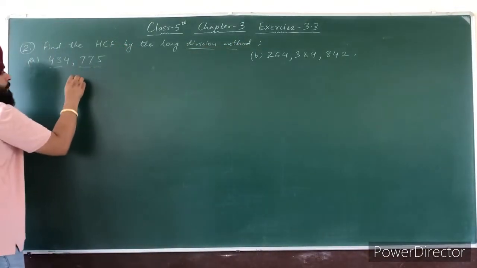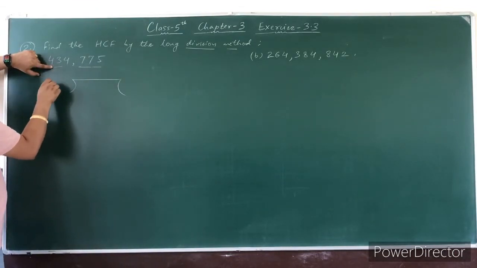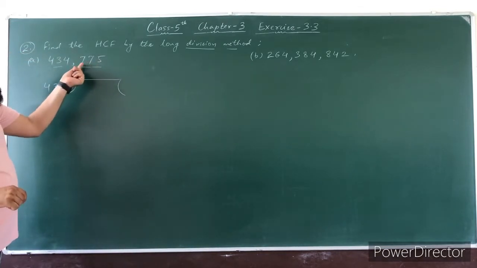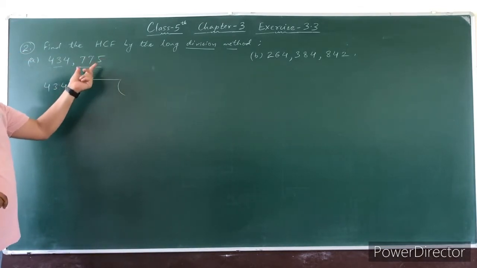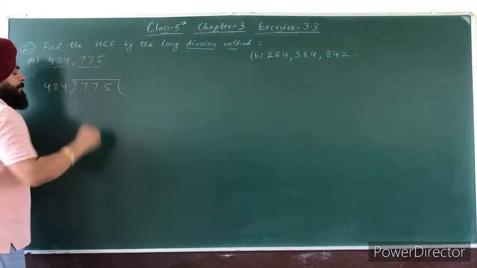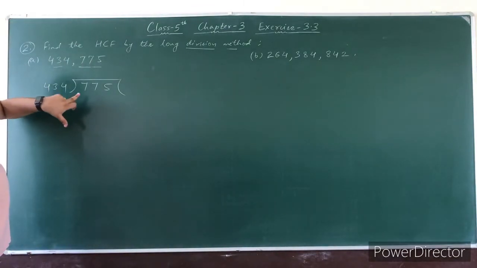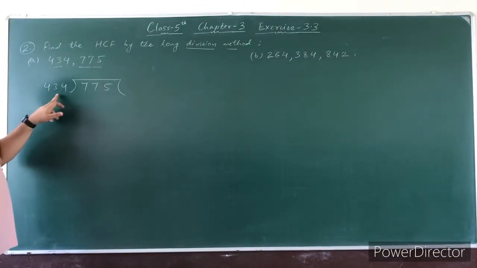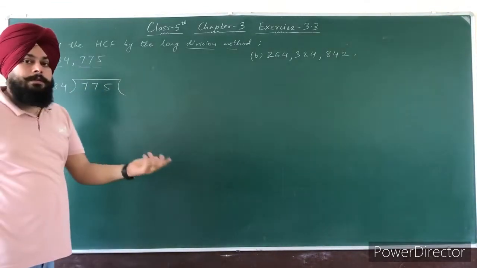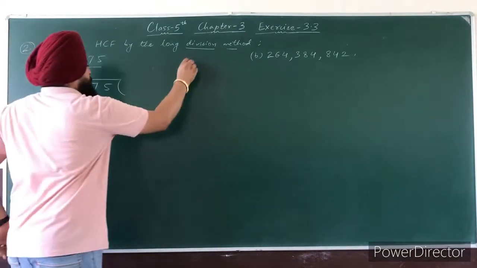So this 434 is our divisor, and the second number 775 is taken as dividend. The first step is you have to divide this 775 by 434. 434 ones are 434 and 434 twos are, how much?